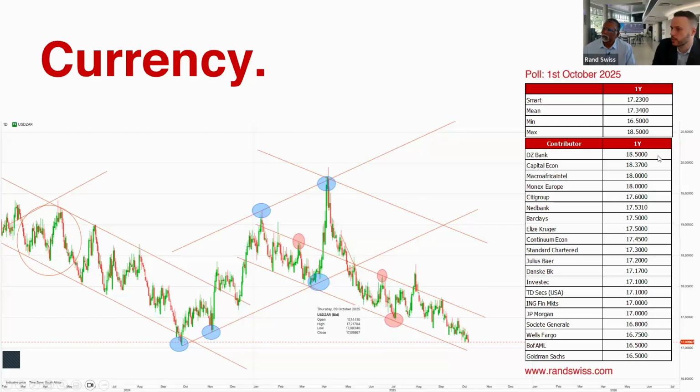Maybe not an aggressive one. I'm certainly not fear mongering saying that we're going to 20 rand to the dollar in the short term, but at 17.20, it looks like a pretty good exit level. For me, obviously, there is that downtrend, but over the next 5 years, trends change over time as well. But currently, I don't think it's a bad level to buy your dollars either.